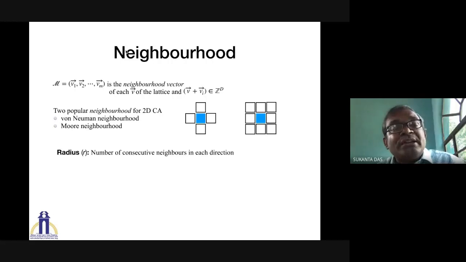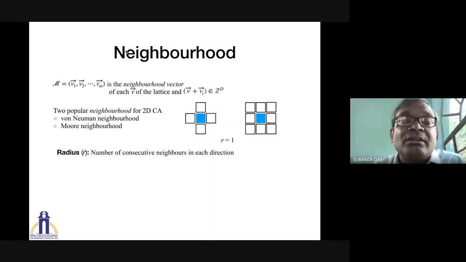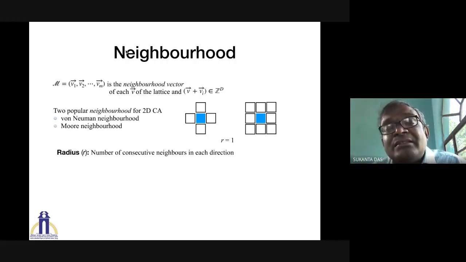Now, in the von Neumann neighborhood, what is the radius? It is 1, because in left, right, up and down, only one cell is a neighbor.